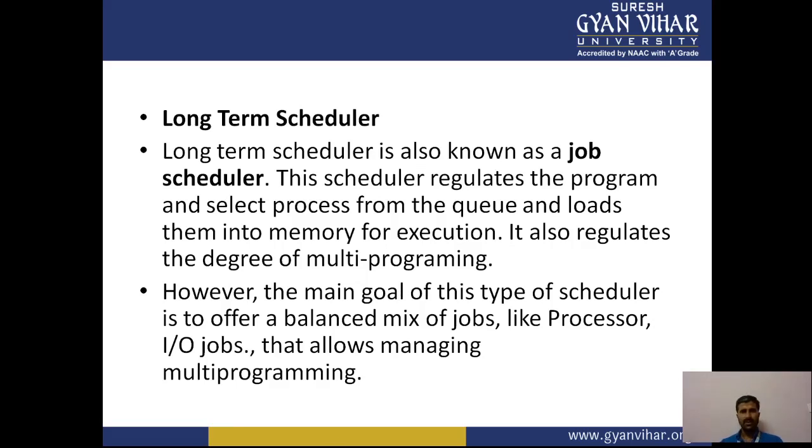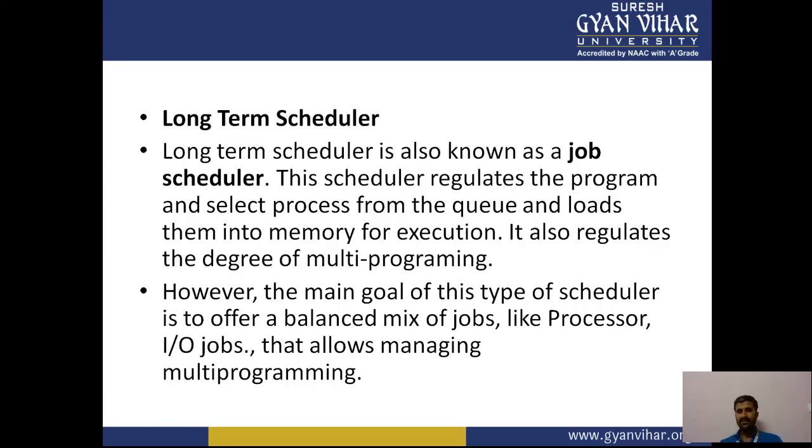Basically, long term scheduling selects processes from the queue. While we are discussing schedulers, we have a CPU, a main memory, and a secondary memory. Data is available in the secondary memory and then loaded into the main memory, as the CPU wants to execute the process.